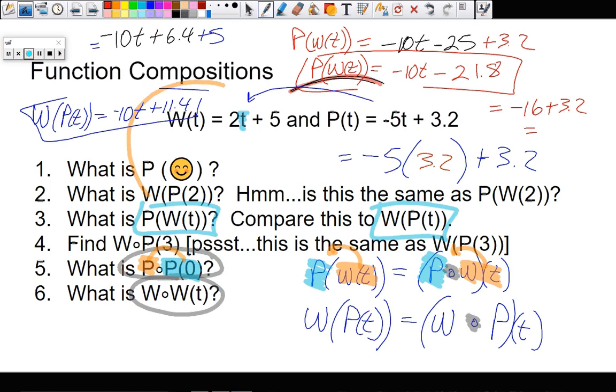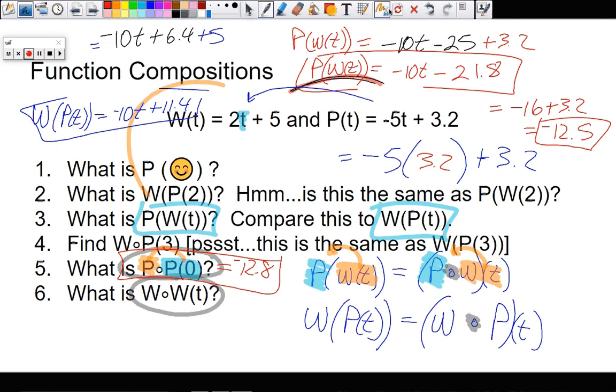You'll get an answer, anyone, what? Negative 12.8, is that correct? Yeah. So negative 12.8 will be what this is equal to because you plugged it into P twice. Do y'all see what I'm talking about? It's the steps and processes and the order that we're going through. Any questions?